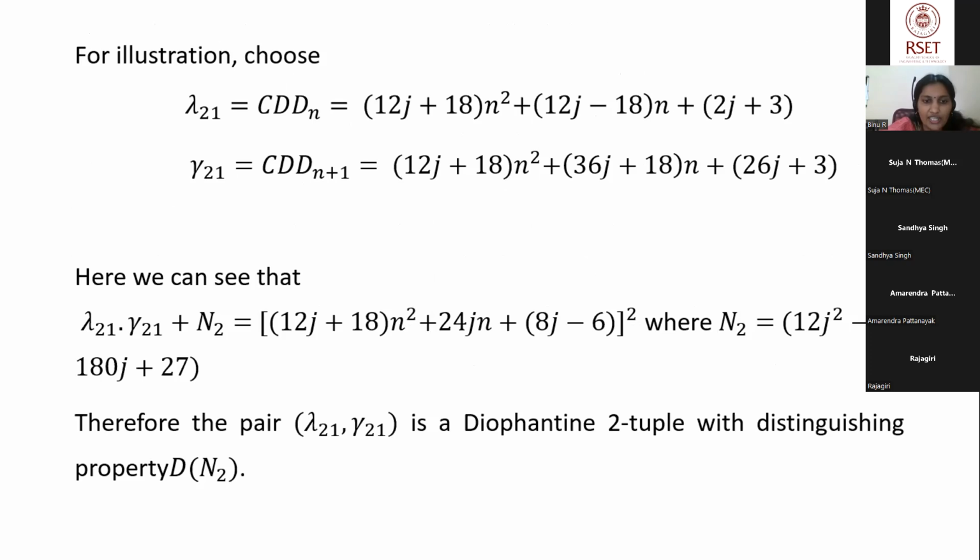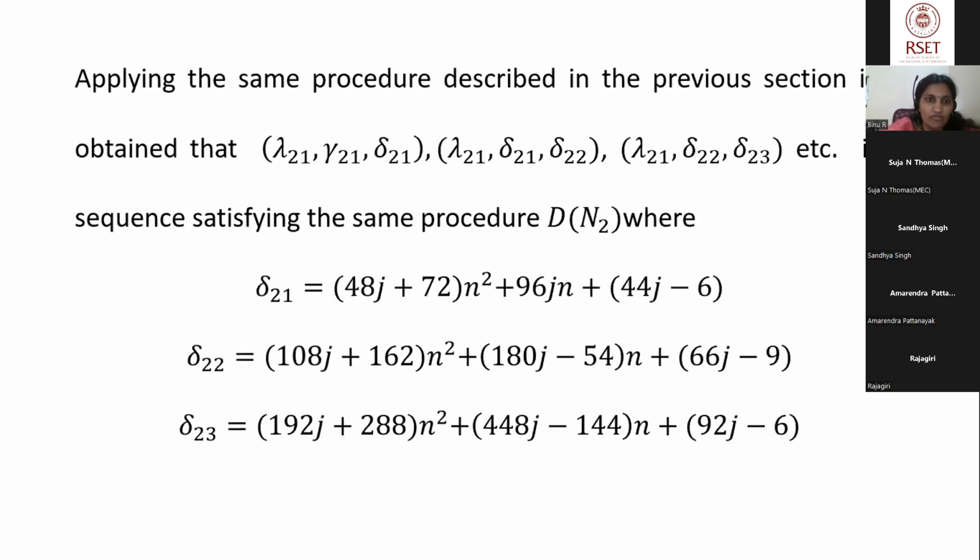So I obtain lambda 21 and gamma 21 as a Diophantine 2-tuple with distinguishing property D of n2. Applying the same procedure as told before, from lambda 21 and gamma 21, I obtain delta 21; gamma 21 and delta 21, I obtain delta 22; lambda 21 and delta 22, I obtain delta 23, satisfying the property D of n2.